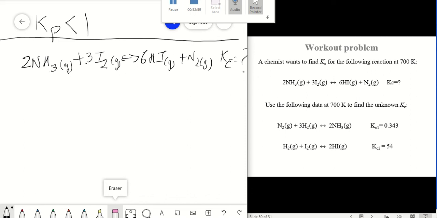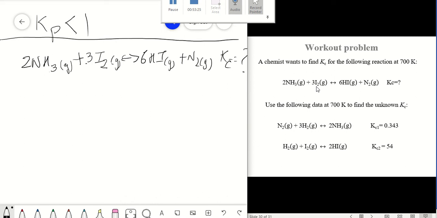If this is the reaction, we have to predict its Kc. Two reactions are given to us. Do we see a relationship between them? If we just add the two reactions, do we get this? Doesn't look like it, right? It's not that straightforward that we can just reverse or add or multiply by a coefficient and get to our reaction in question. That's not true in this case.